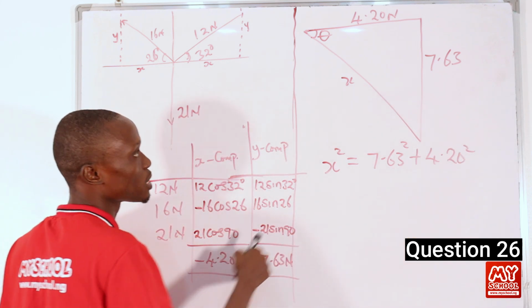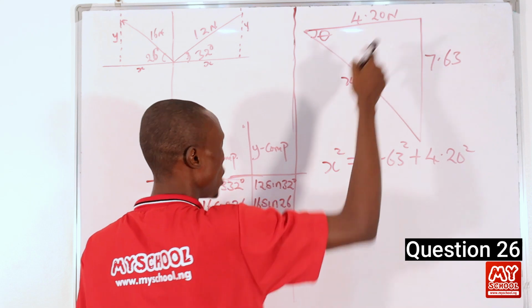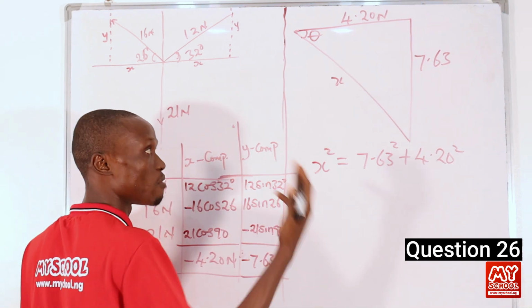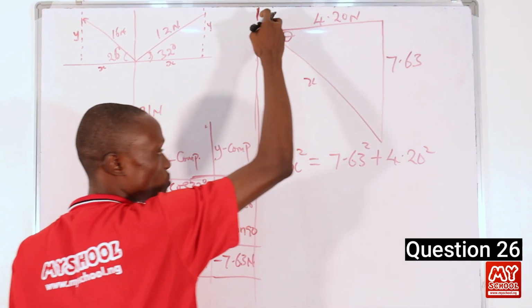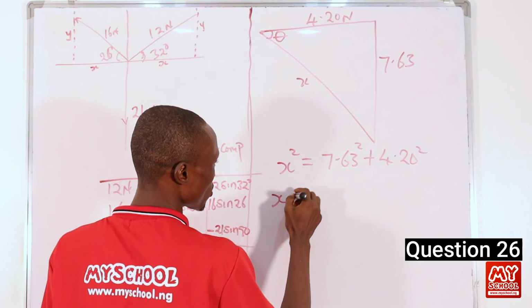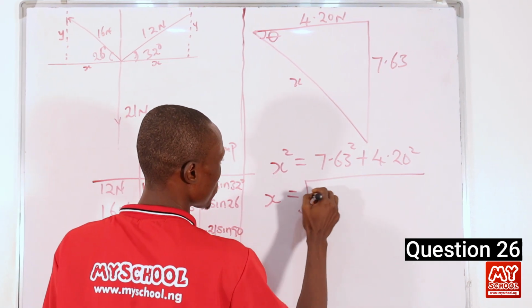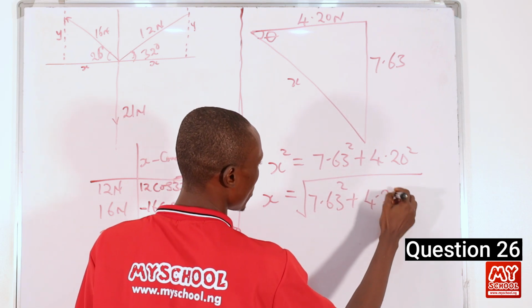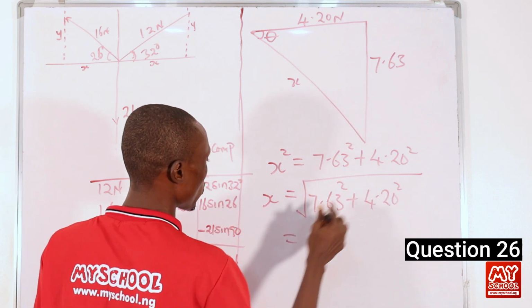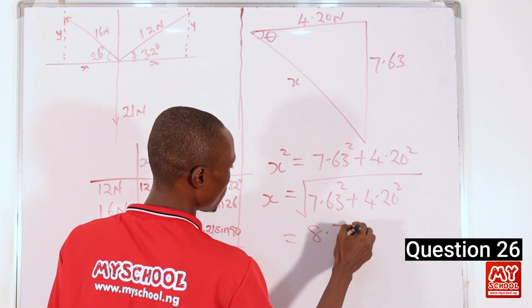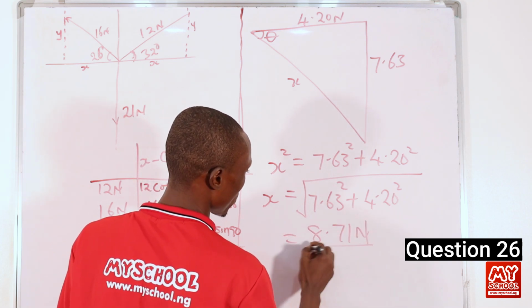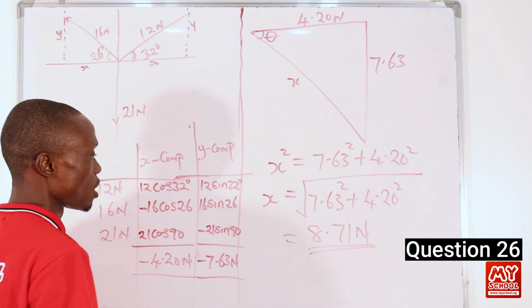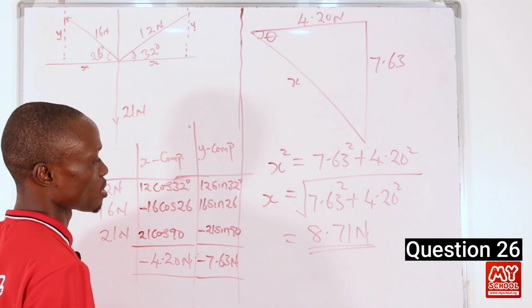Now, you don't need to bring in this minus here. I told you the essence of this minus is just to tell you direction: negative y and negative x. So x is equal to the square root of 7.63 squared plus 4.20 squared, which will be equal to 8.71 Newton. So the magnitude of the force is equal to 8.71 Newton.